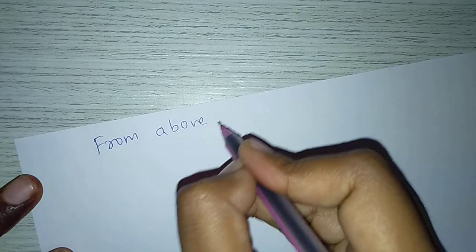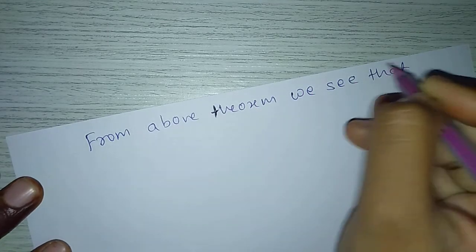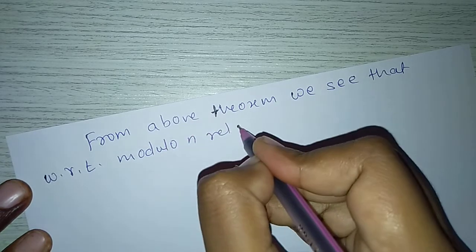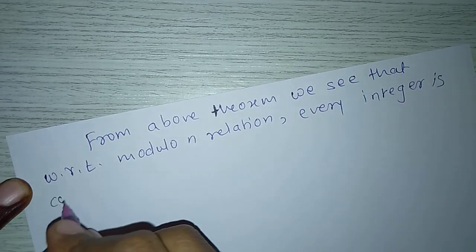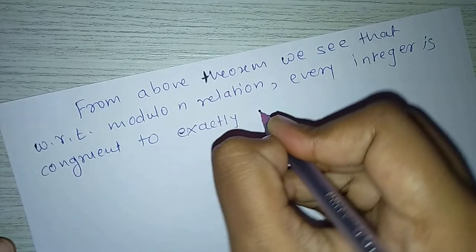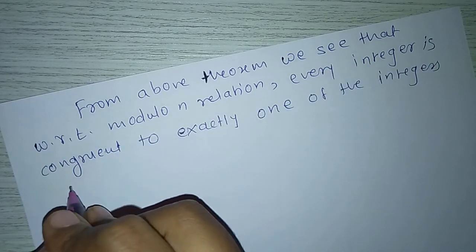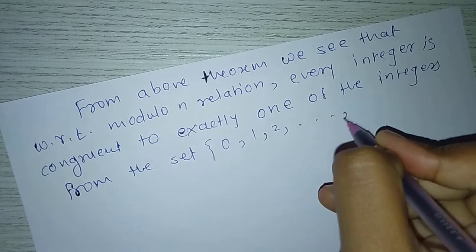From the theorem which we just proved, we see that with respect to the modulo n relation, every integer is congruent to exactly one of the integers from the set 0, 1, 2 and so on up to n minus 1.